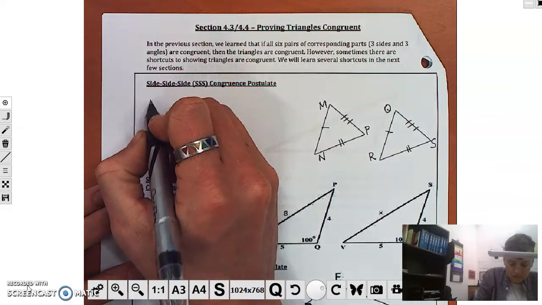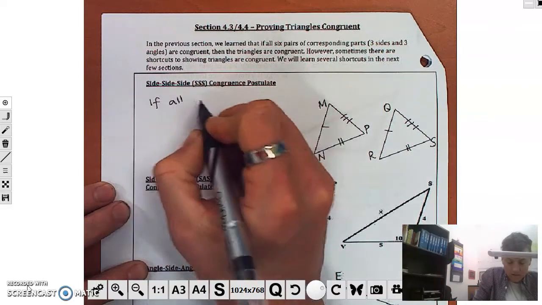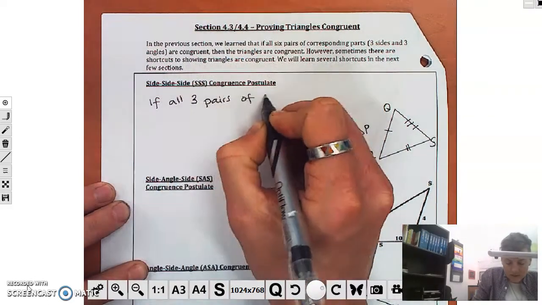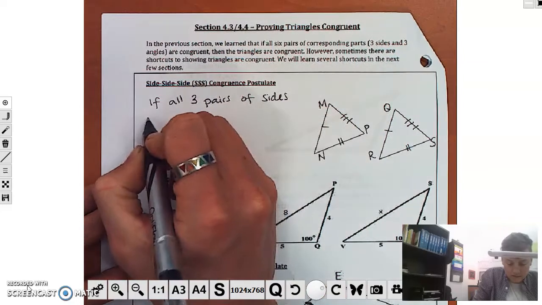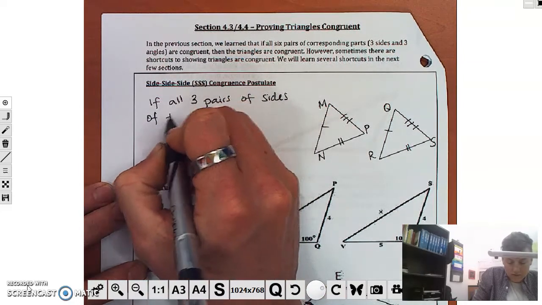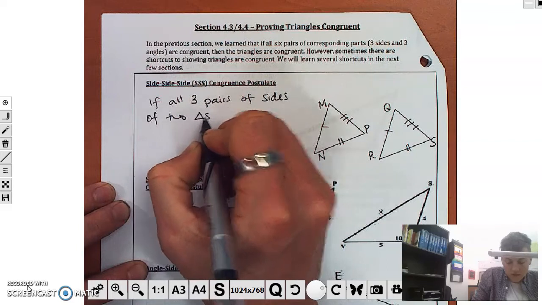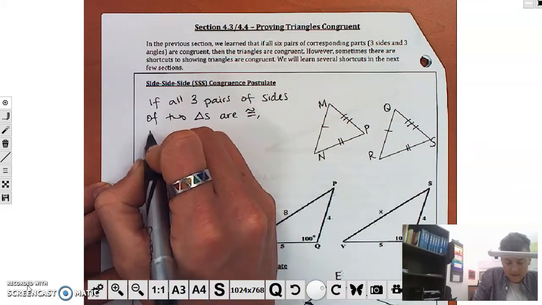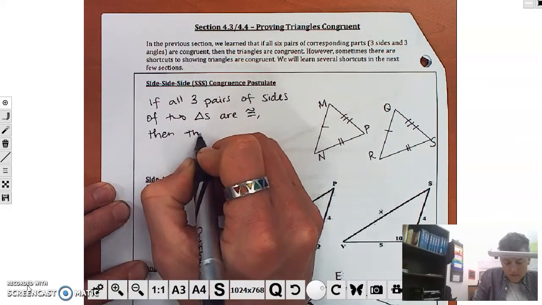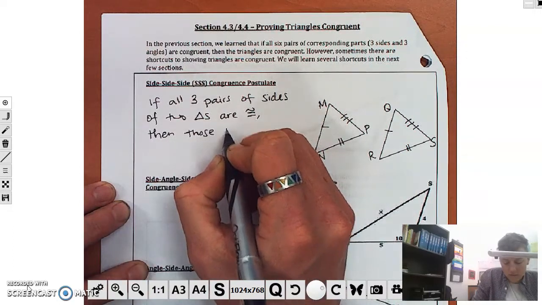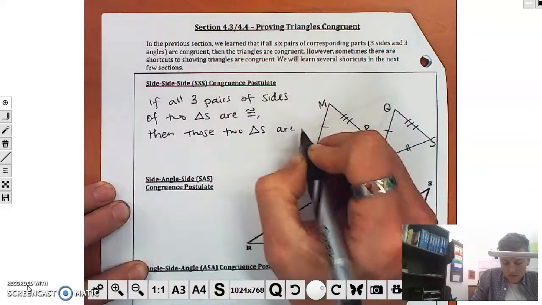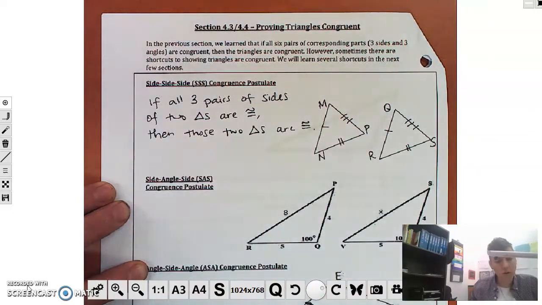If all 3 pairs of sides of 2 triangles are congruent, then those 2 triangles are congruent.